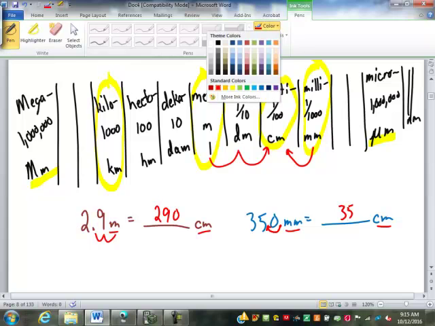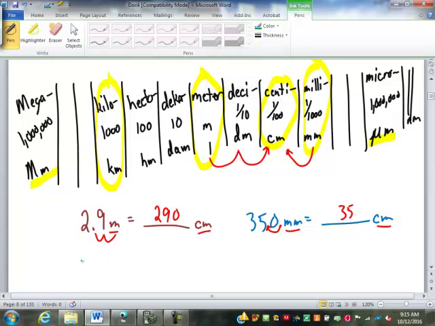If I have 350 millimeters and I want to go to meters, from millimeters to meters is 1, 2, 3 spots to the left. So my decimal point goes 1, 2, 3 spots to the left. So 0.35 or 0.350 meters. Make sense?